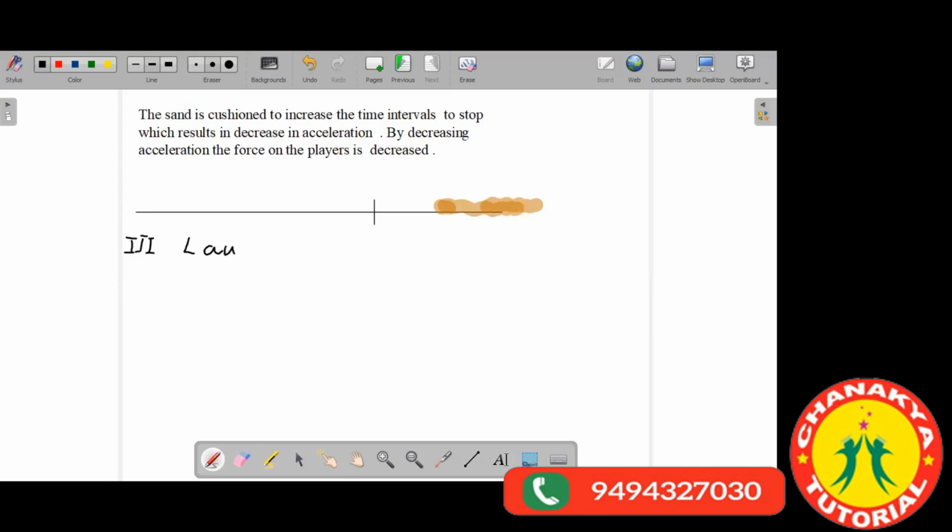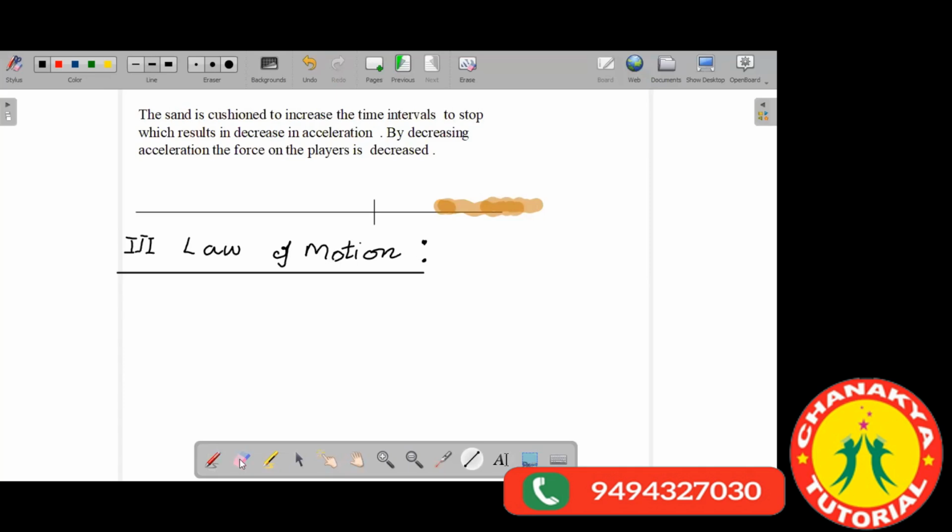The statement of this may seem very easy, but it's very complicated to understand. It's very difficult to understand what actually we want to say here in the third law of motion.